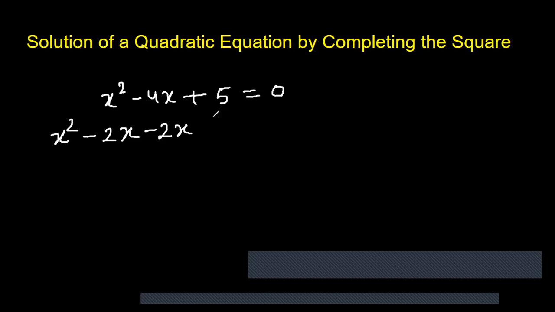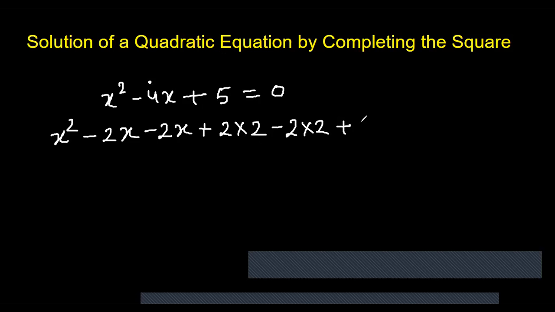And then we would like to add 2 into 2, the square of half of that number. Half of this number 4 is 2, so we want to add the square of 2. And we would also like to subtract the same number.